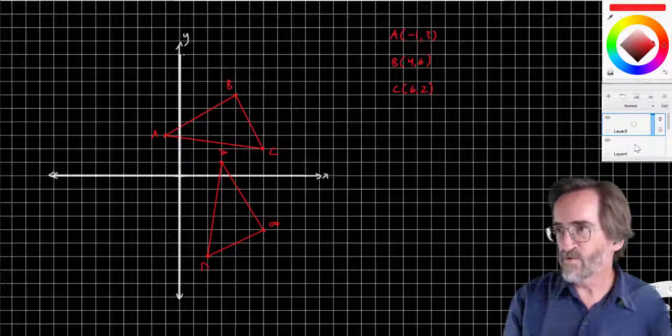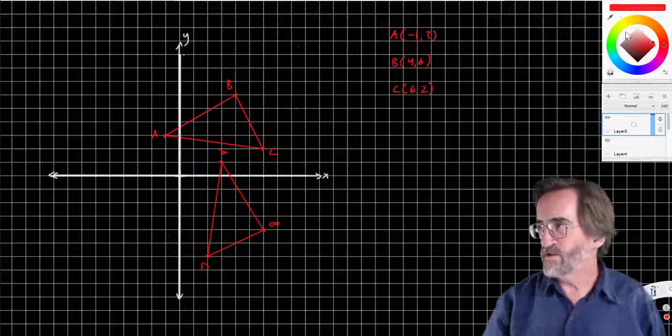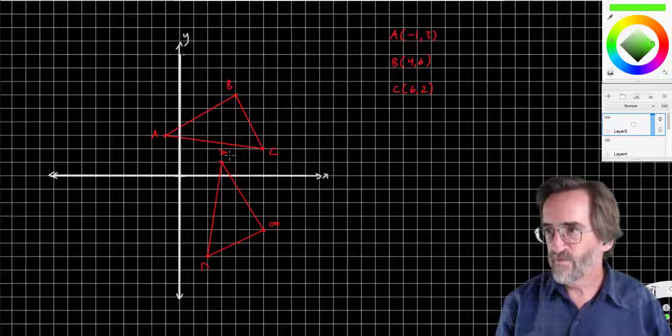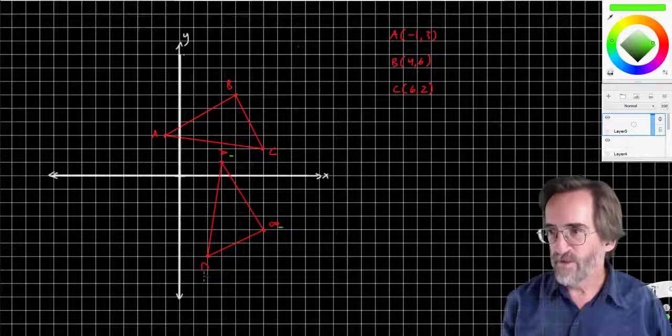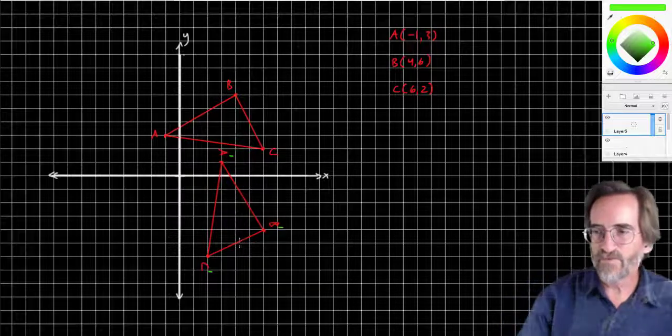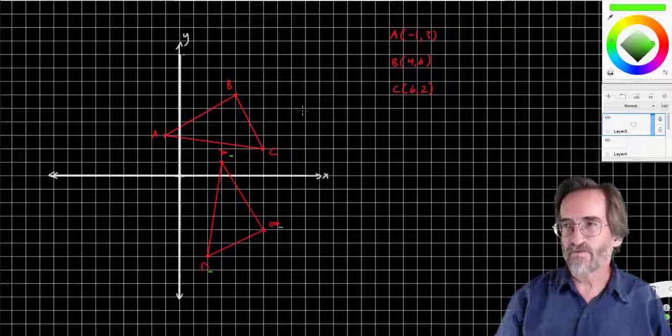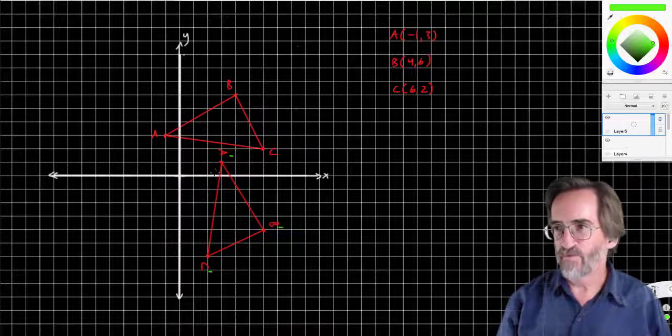Rotation of 90 degrees. Okay? And so this now is A prime, B prime, and C prime. You remember the tick marks mean image, so A, B, C is the object, A prime, B prime, C prime is the image. Let's look at what happened to the coordinates of each point.